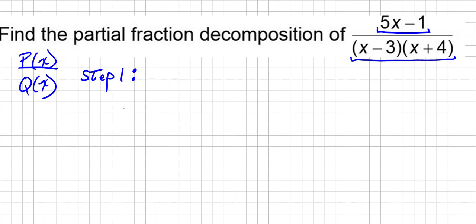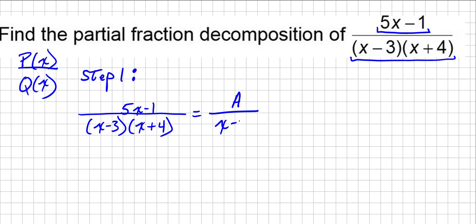We take this rational expression (5x - 1) over (x - 3)(x + 4), and set that equal to A over the first factor, x - 3, plus B over the second factor, x + 4. This is similar to what I showed in the announcement, where we are taking the sum of two fractions and decomposing it into its component fractions.